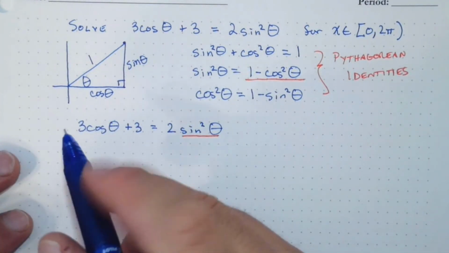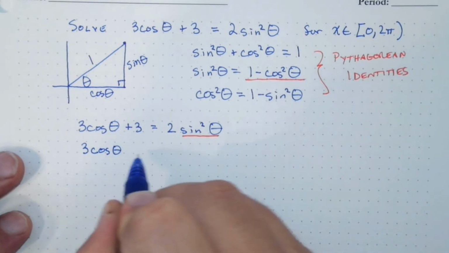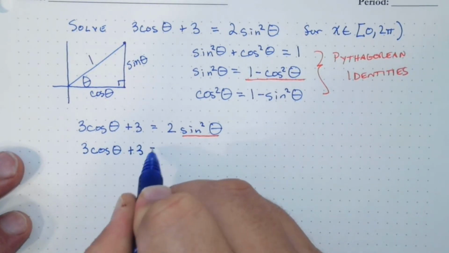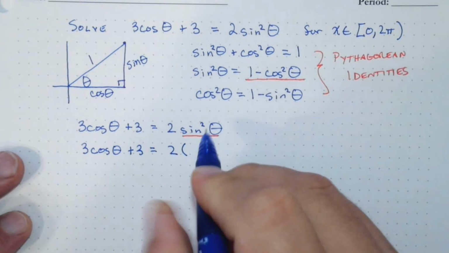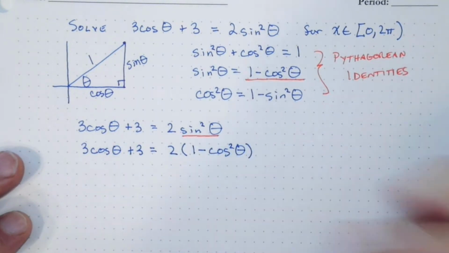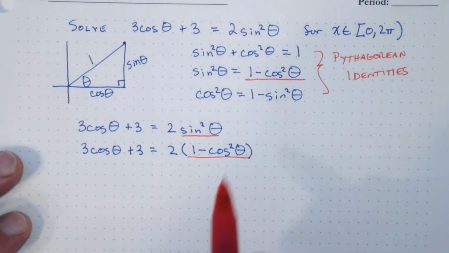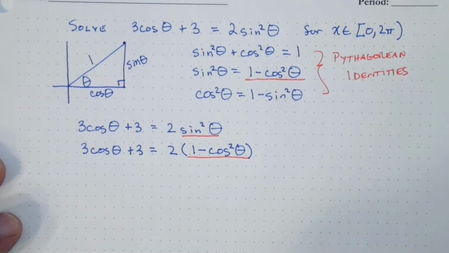Right? So I can replace this and have 3 cosine of theta plus 3 is equal to 2 times 1 minus cosine squared of theta. So once again, all I did was replace the sine squared of theta using a Pythagorean identity.